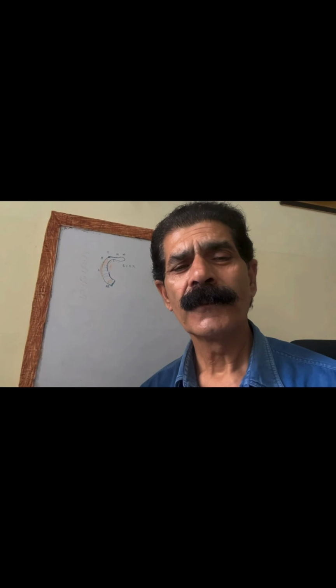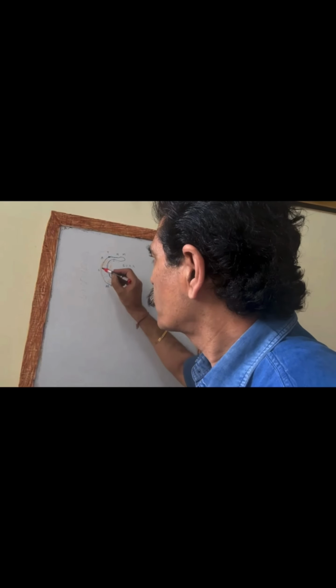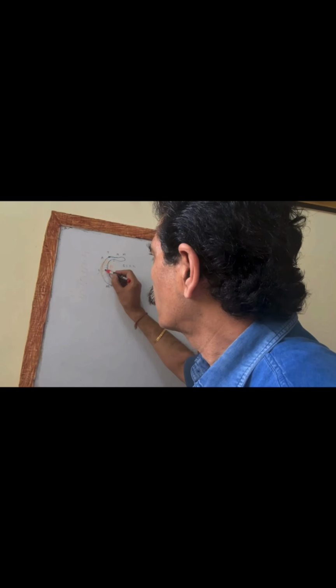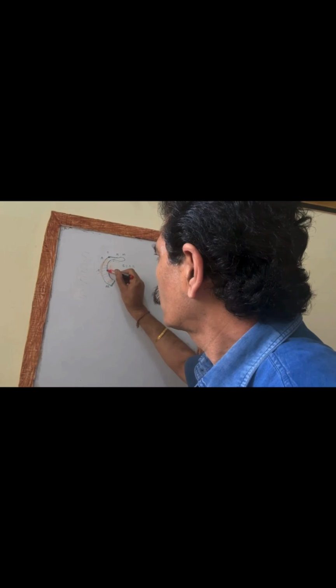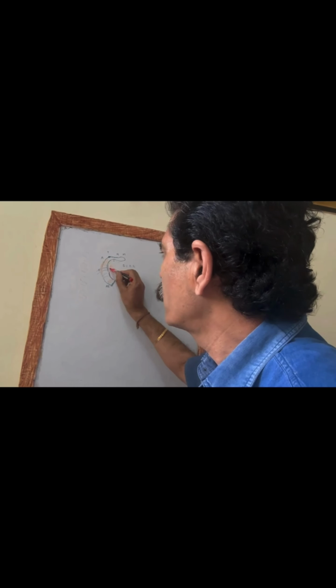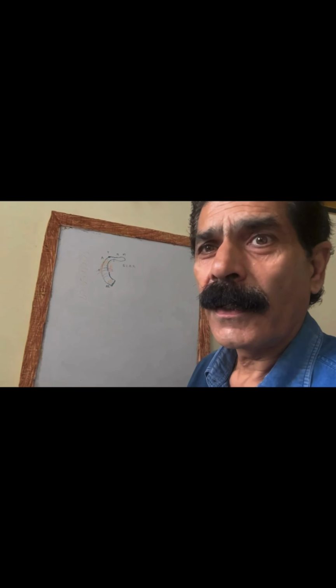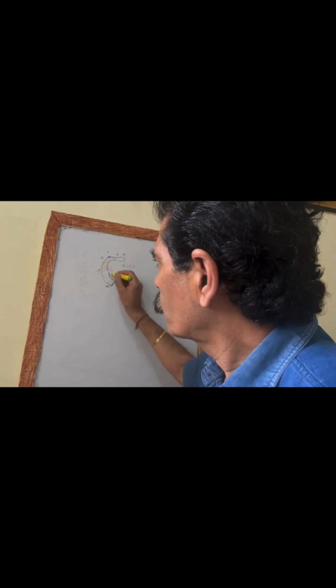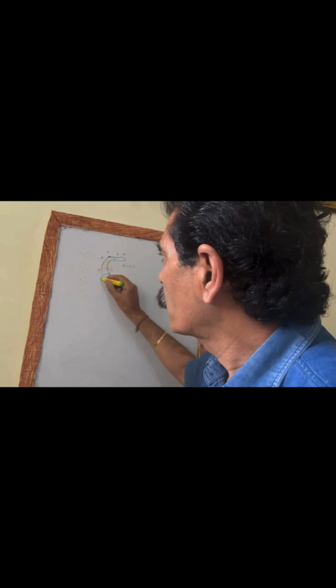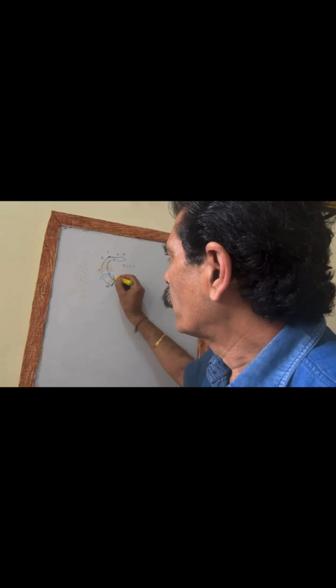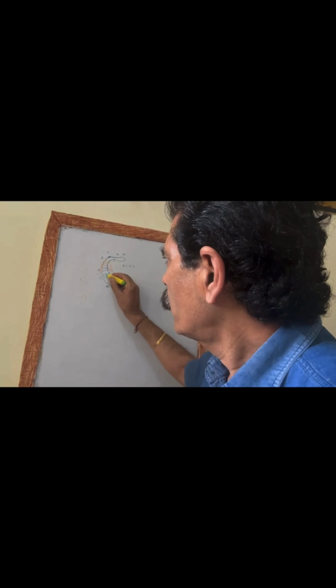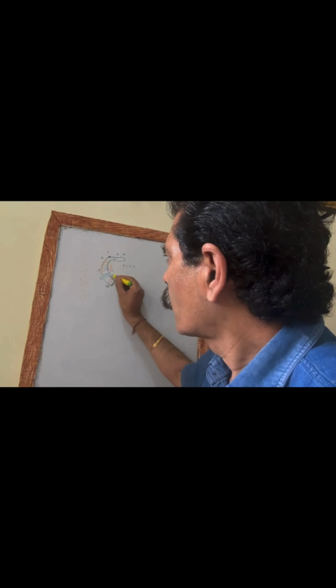So remember, the posterior groove is for the subclavian artery. The subclavian artery touches the groove behind the scalene tubercle. And the anterior groove on the superior surface of the first rib is for the subclavian vein. So anterior is the vein and posterior is the artery.